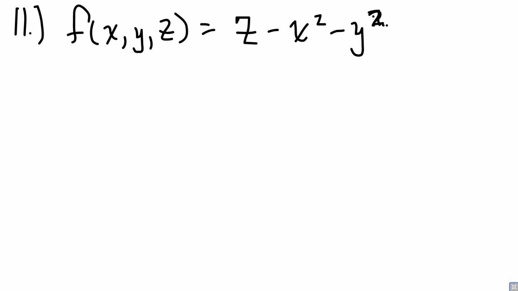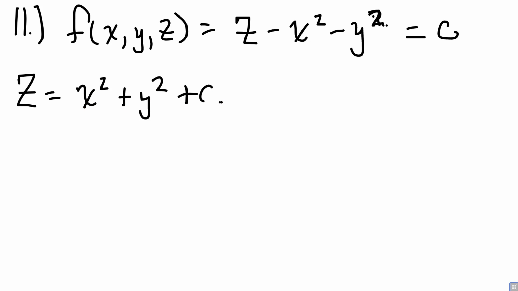So if I take a look at this particular one, again, I can set this equal to C. So basically what I end up with is I can look at it in terms of z is equal to x squared plus y squared plus C.